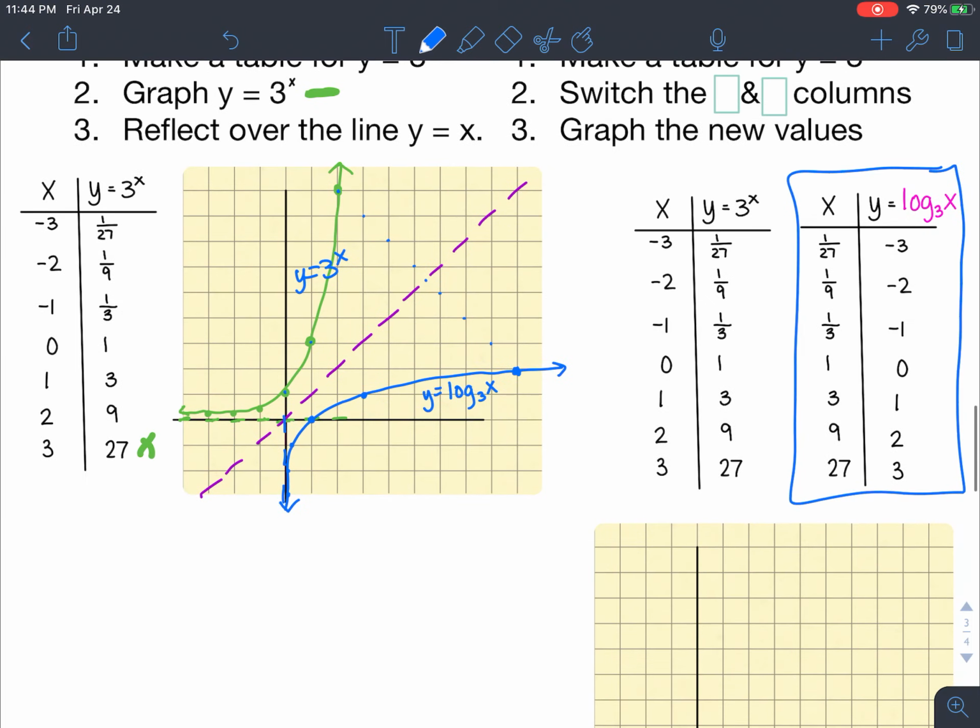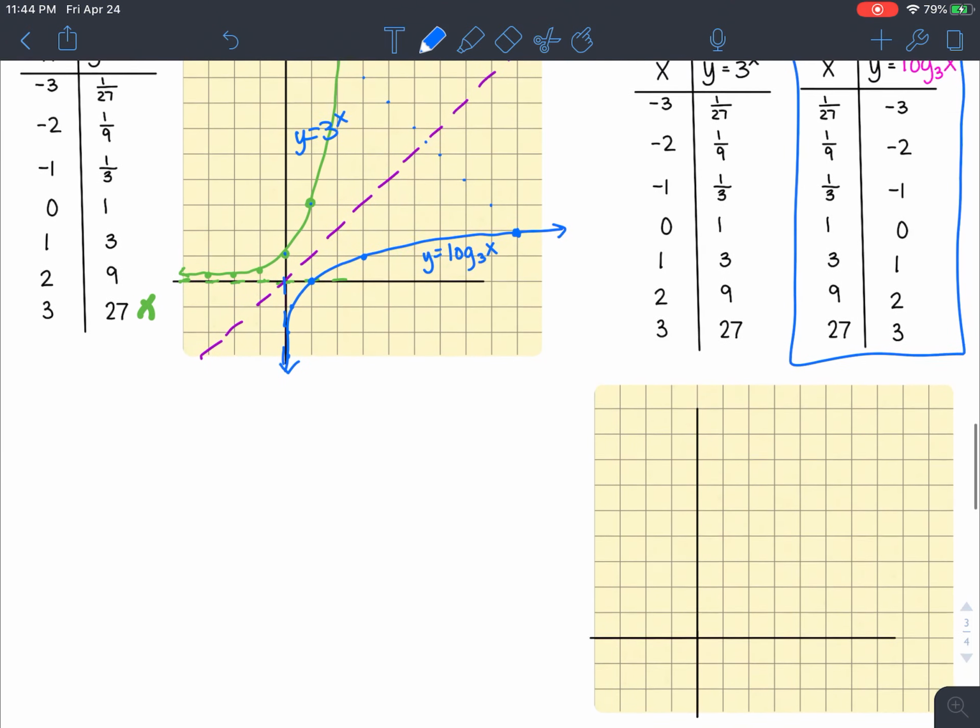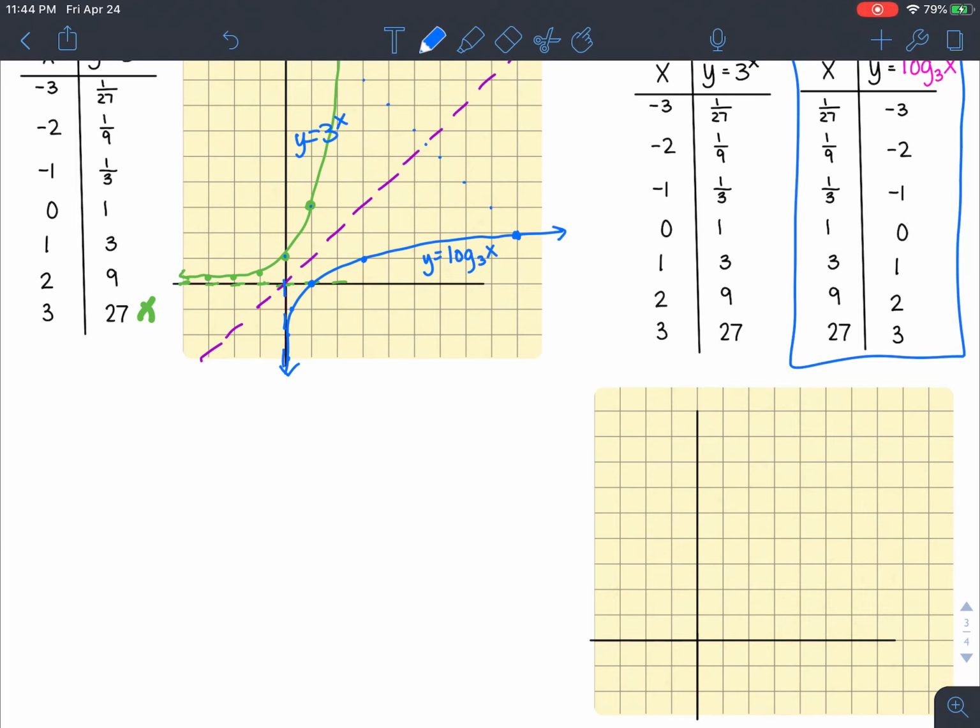And then I can just graph this one. But as you'll see, it's the same. So let's start with our middle one here. So 1, 0, 3, 1, 2, 9, over 1/3 down 1, over 1/9 down 2, over 1/27 down 3.